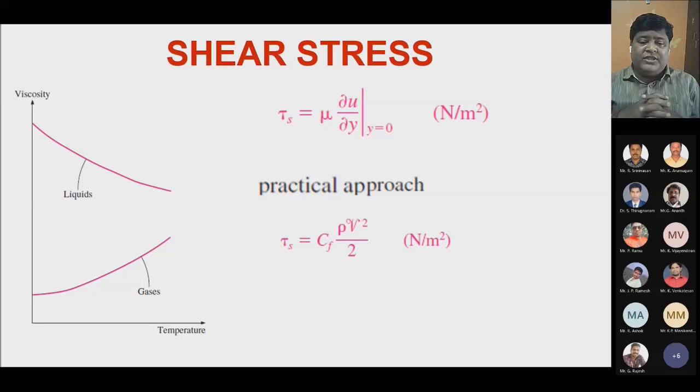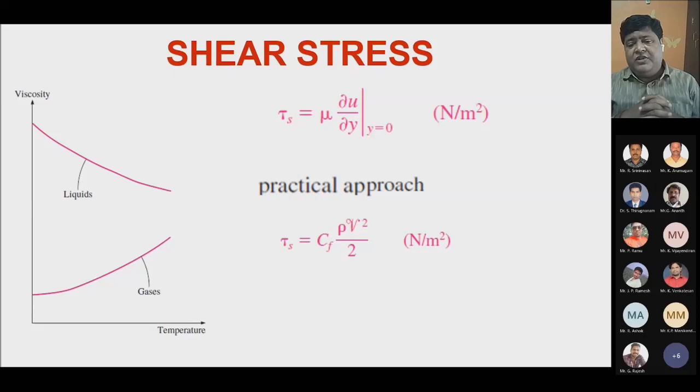So tau s is directly proportional to rho v square by 2, and CF is the coefficient of friction. CF tells about the fluid: based on the type of fluid, the shear stress will vary. If it is a highly viscous fluid, then the shear stress will be very high. For a low viscous fluid, that property is brought in by CF.